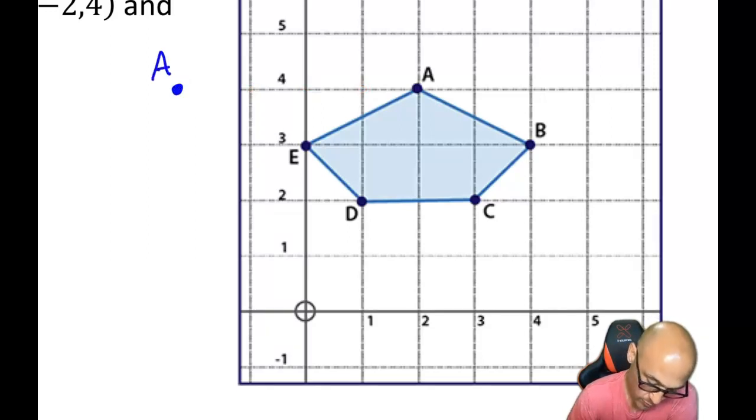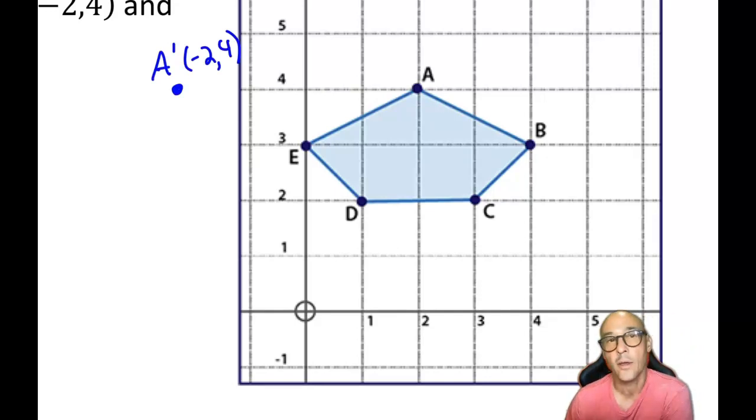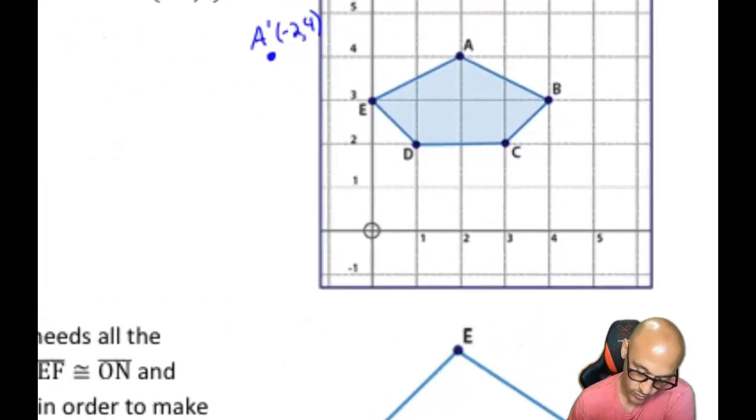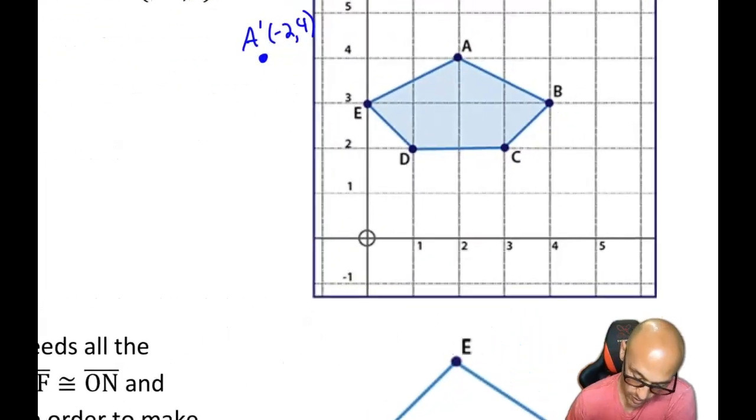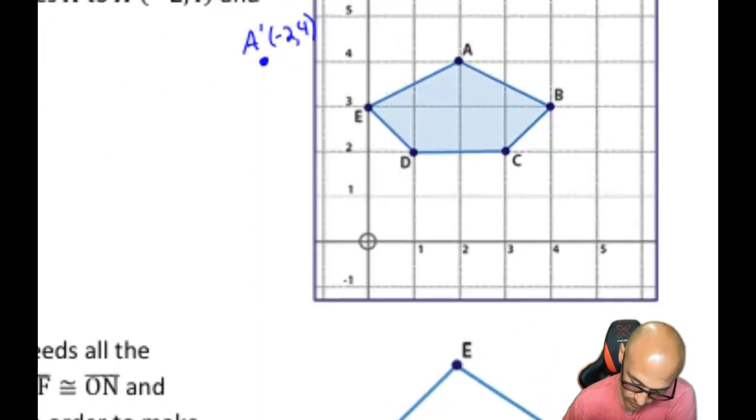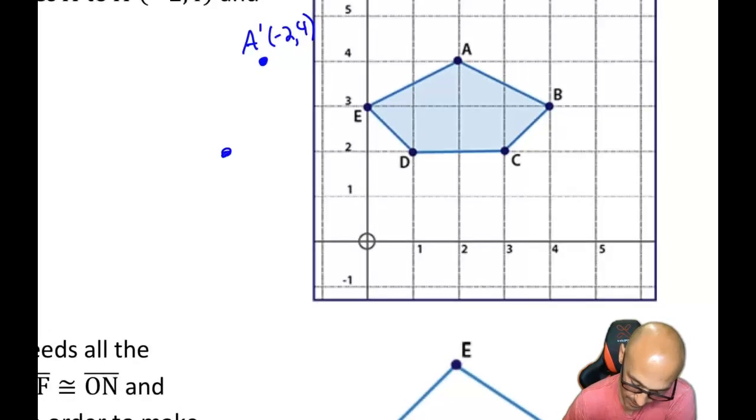This is A prime. I think that they put this off of the graph on purpose. And D goes to D prime, (-3, 2), which will be about right here. That's D prime.